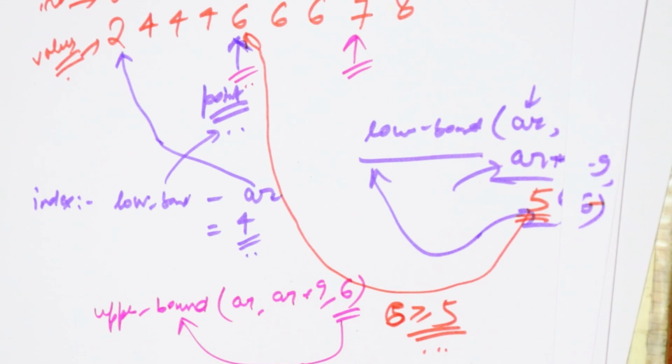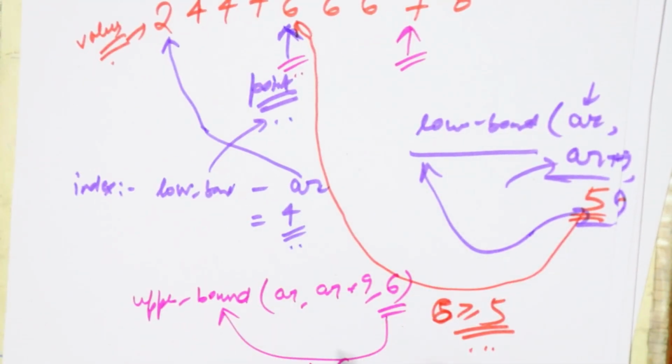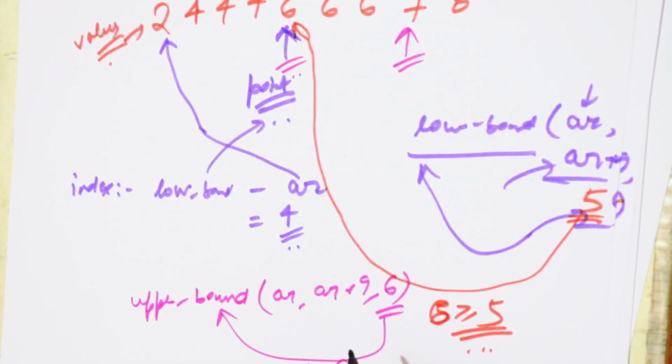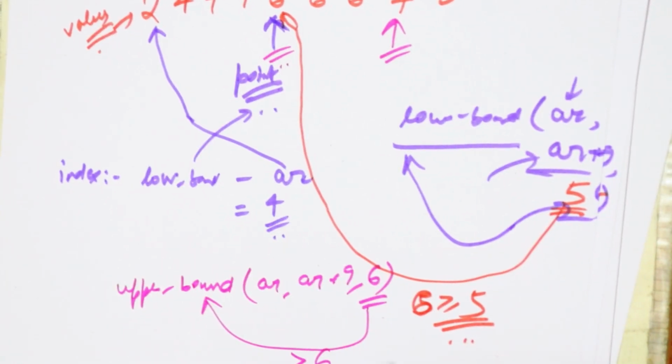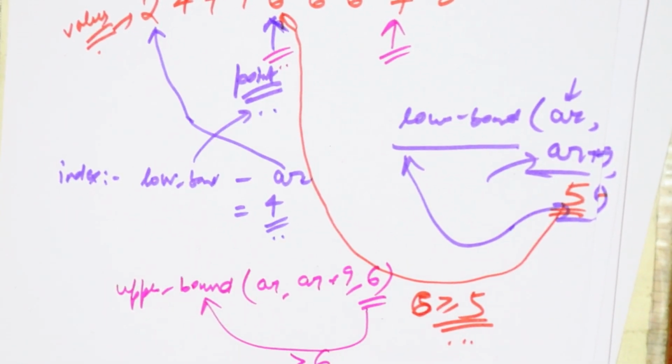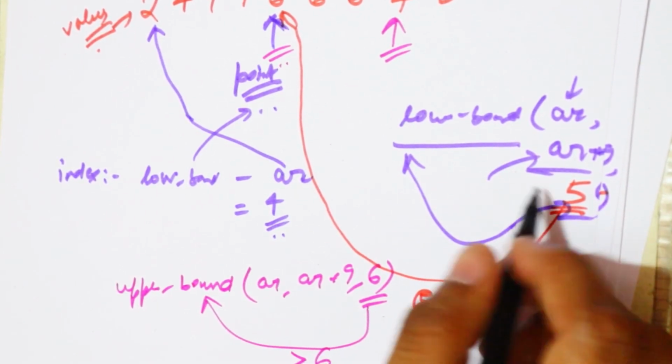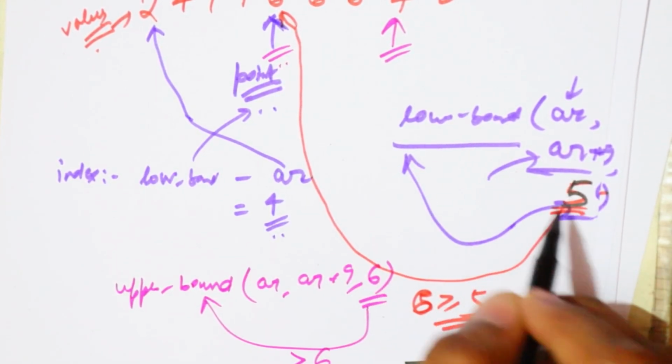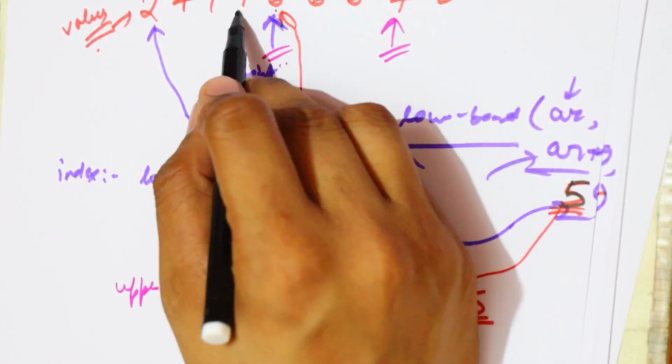Now you will say, okay Aryan, we actually wanted something which is near to or equal to it, but as you said, we need the nearest element, so how about the nearest element? For the lower bound, the nearest element of 5 can be 6 or it can be 4.